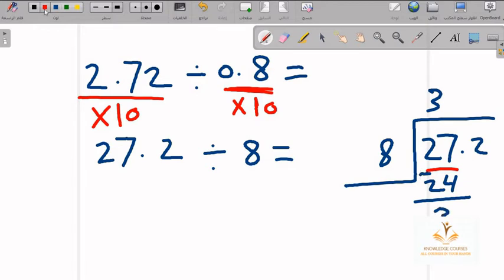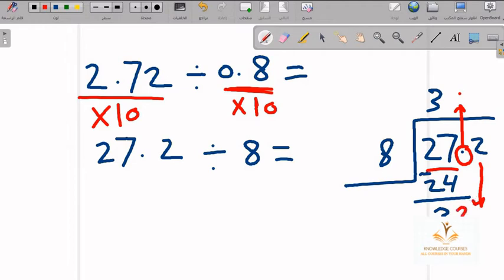The point, put it up, and 2 move to the bottom.